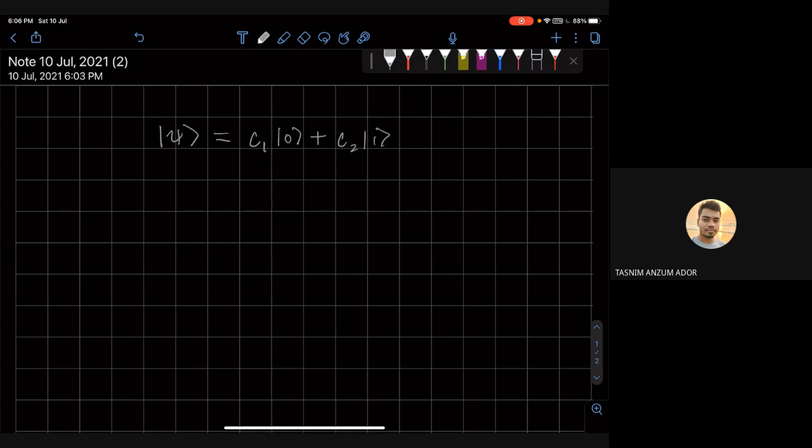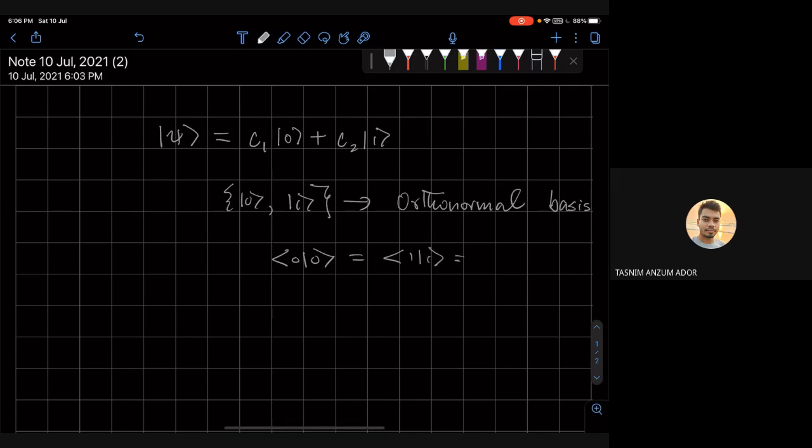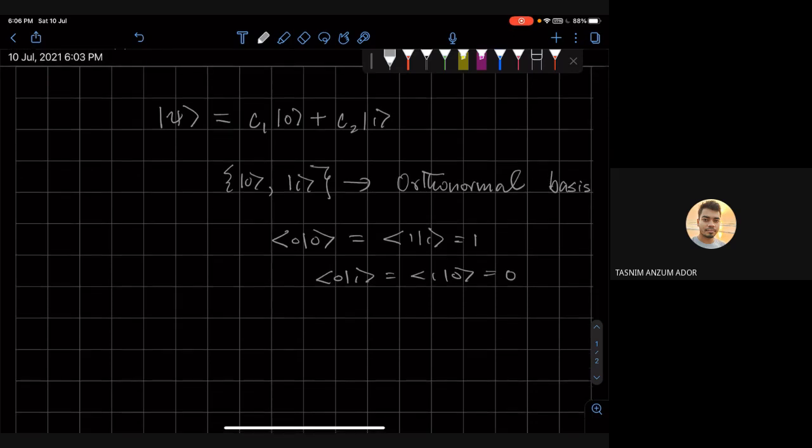The zero state and the one state form an orthonormal basis. So for example, the bracket of 0 with 0 and of 1 with 1 will give me 1, but the bracket of 0 with 1 and of 1 with 0 will give me 0.